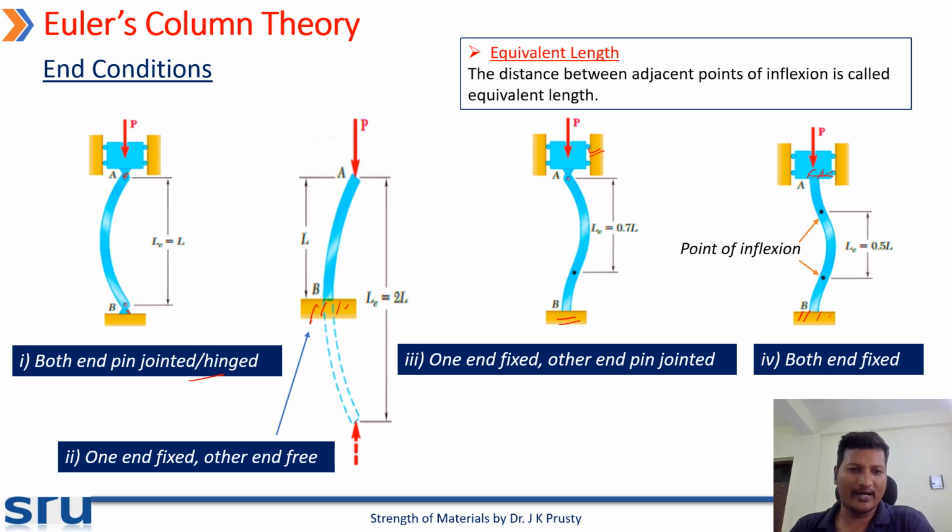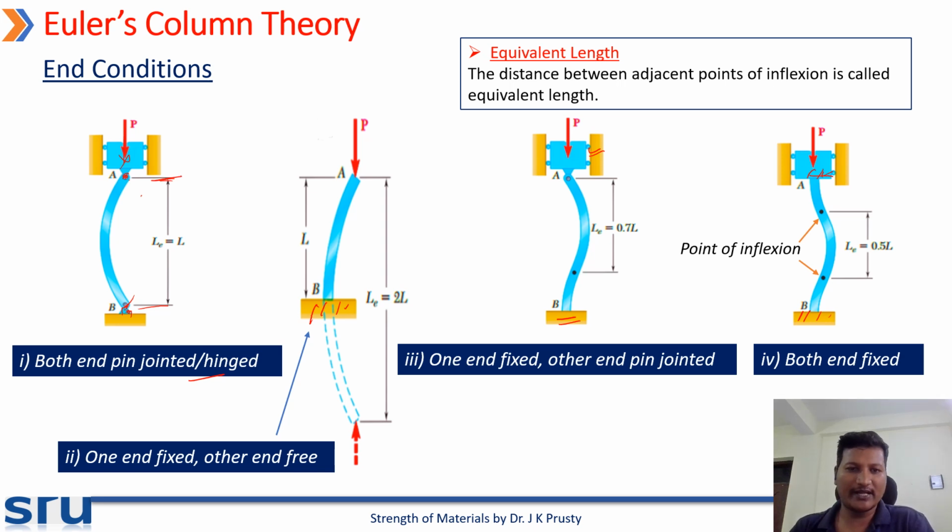So here, in case both ends are hinged, if you apply the load, there is a deflection in the beam and the sign of moment changes at points A and B. So this is the distance between points of inflection. What is a point of inflection? Where the direction of the moment changes.